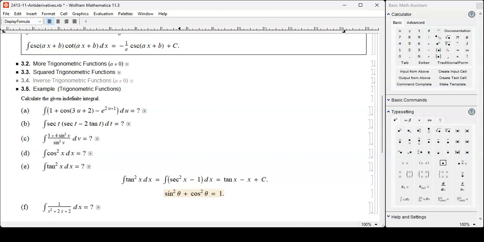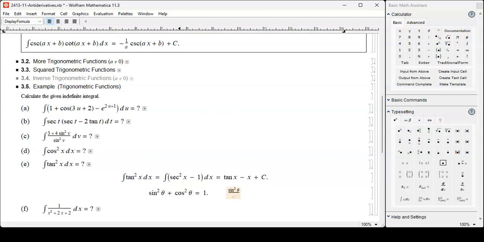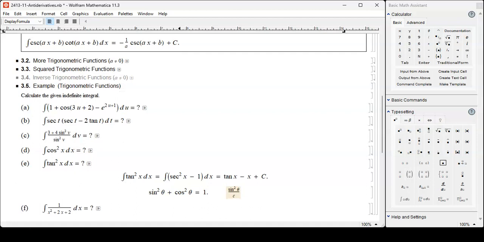From here, divide both by cosine squared. Sine squared divided by cosine squared. And then divided by itself, so it's 1, and then 1 over cosine squared. And what is this? Sine over cosine.